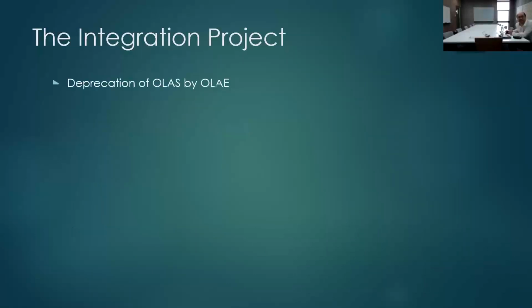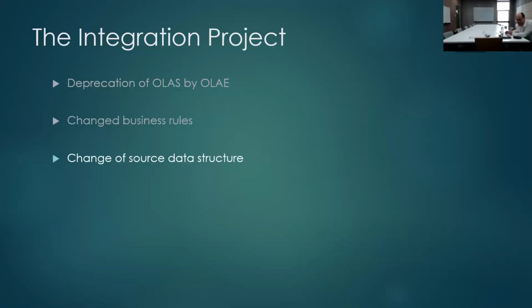So the integration project began. We got news that the current backend system, called OLAS, or Online Learning Administration System, was going to be deprecated and replaced by a new system called OLE, or Online Learning Administration Environment. That necessitated rewriting the loader to suit the new business rules, and of course there would be a change in the data structures that we had to feed off.